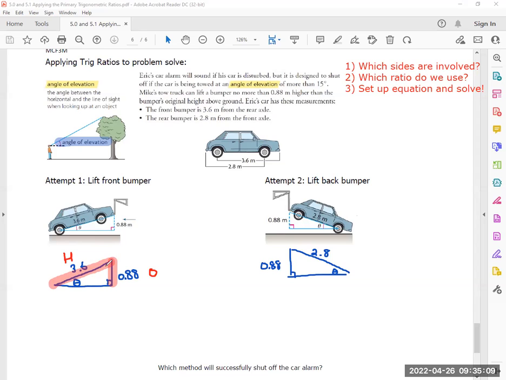You have to get there by yourself. So seeing as how the question gives you 0.88 and 3.6, you should be able to identify that those two sides are going to be used for my angle. And because it's opposite and hypotenuse, it's going to be sine equals opposite over hypotenuse.